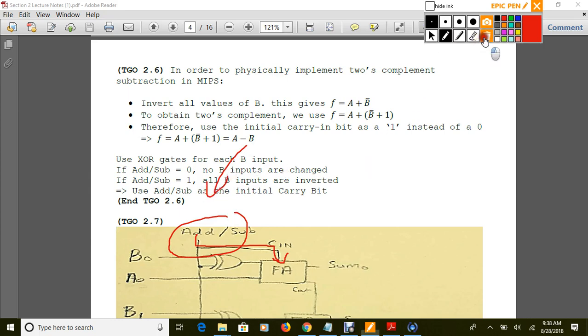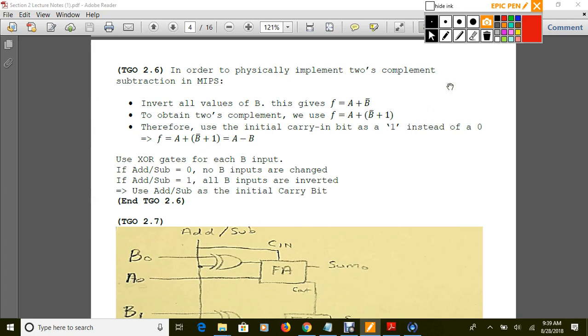What we've done by doing this mathematical proof in TGO 2.6 is demonstrate that I can use the control signal that's generated for the instruction by the compiler. So we're literally having a compiler-driven encoding of the micro engine. I have my opcode generate that bit to make the difference. Then, in order to invert all the bits, if I put that same 1 bit as the input to an XOR gate, the inversion comes out on the other side, right?